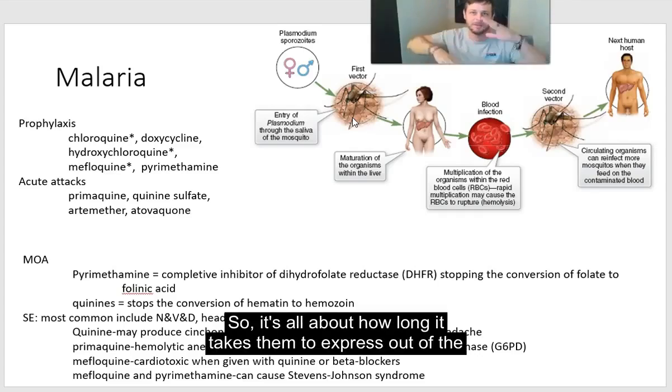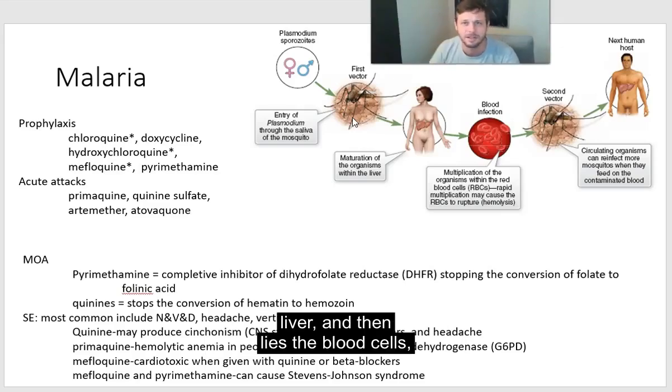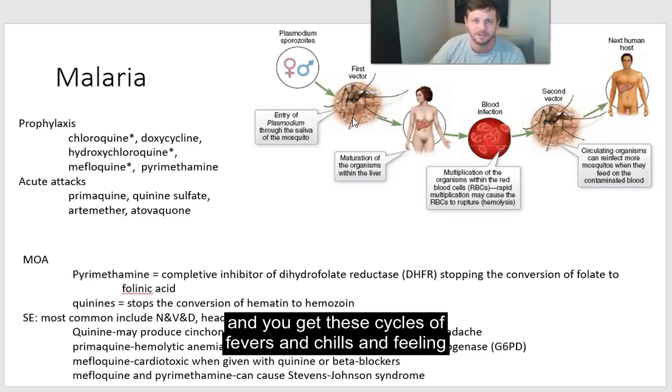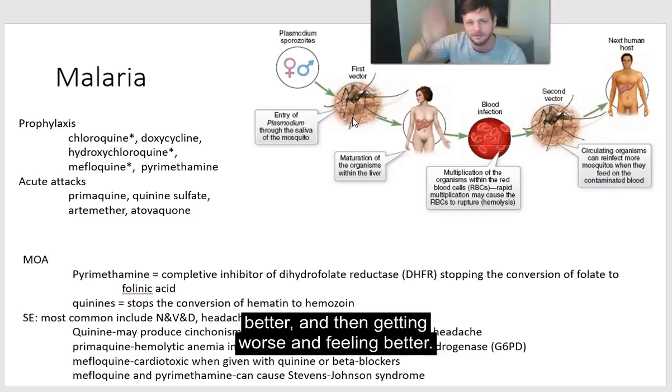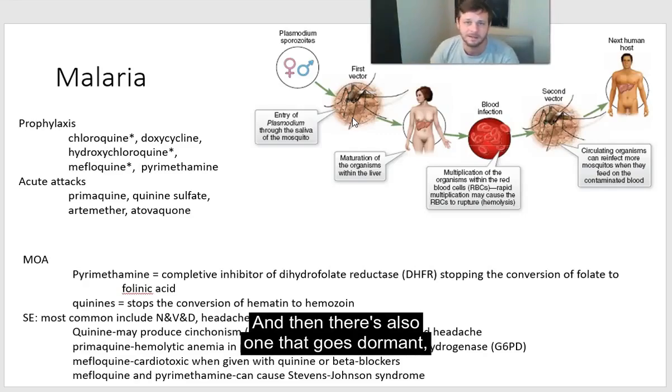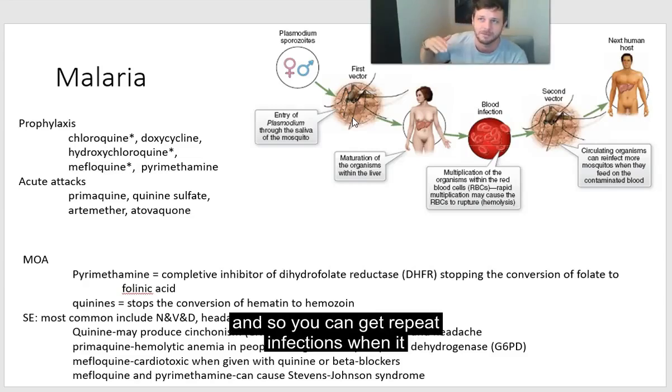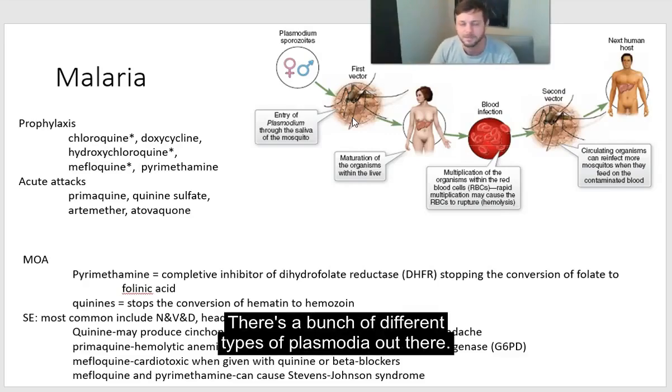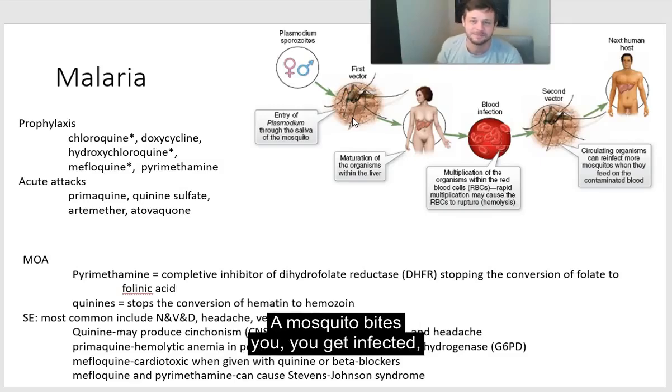So it's all about how long it takes them to express out of the liver and then lyse the blood cells, and you get these cycles of fevers and chills and feeling better, and then getting worse and feeling better. And then there's also one that goes dormant, and so you can get repeat infections when it comes back out.